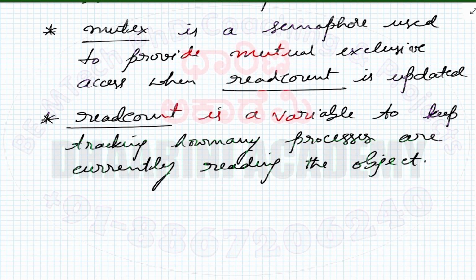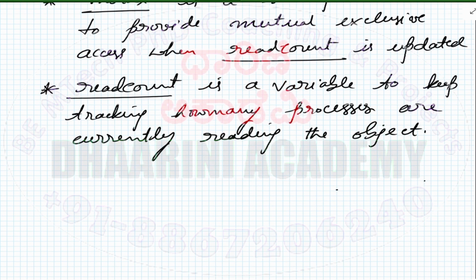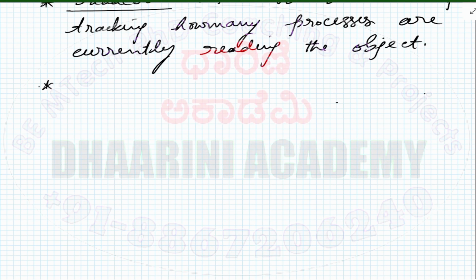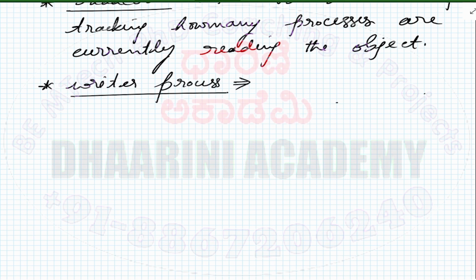Now let's look at how the writer process provides mutual exclusion. Let's look at a writer process. Start with do while. Initially I need the wait function with WRT. This means I can do the writing.